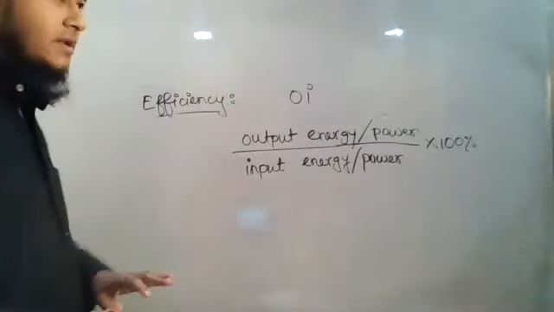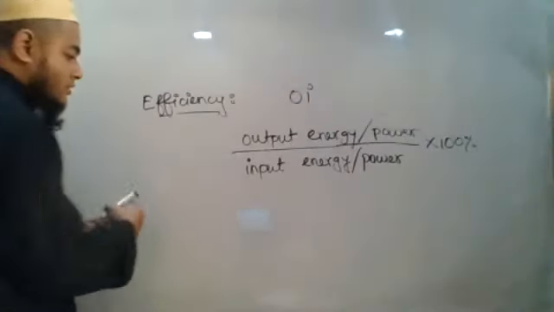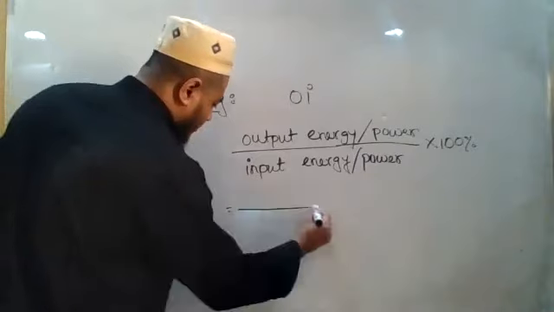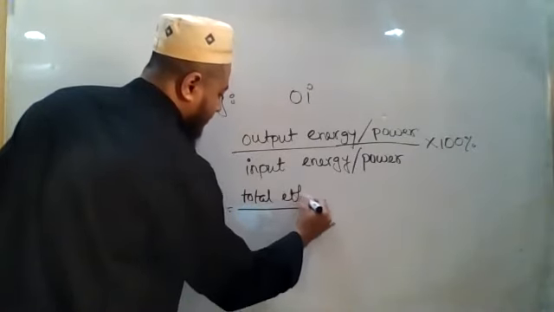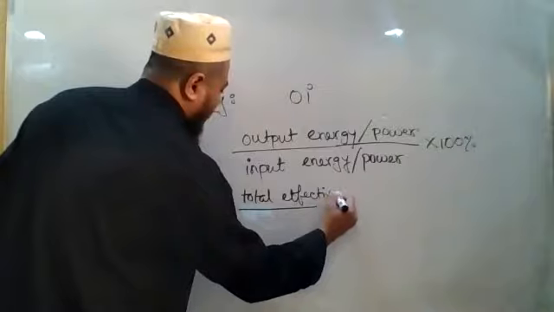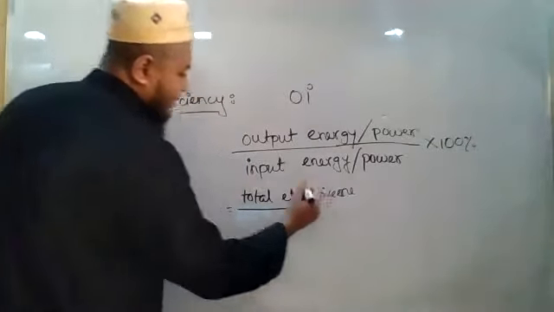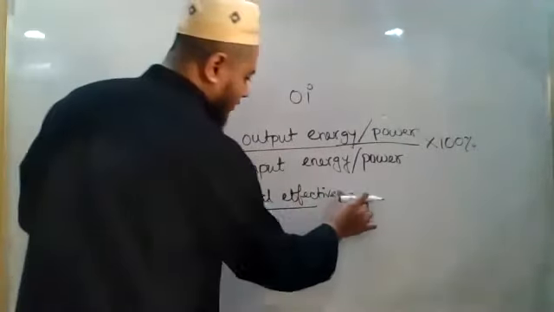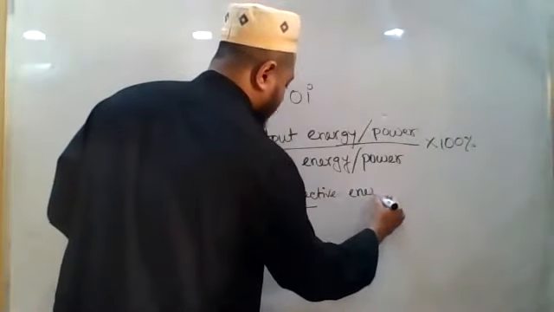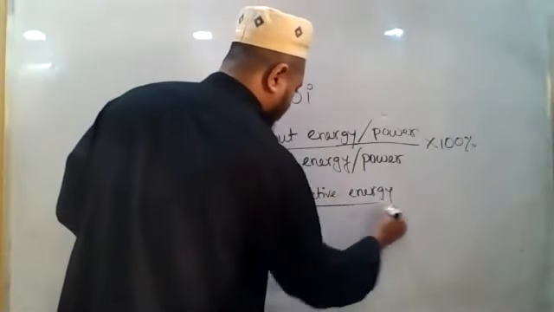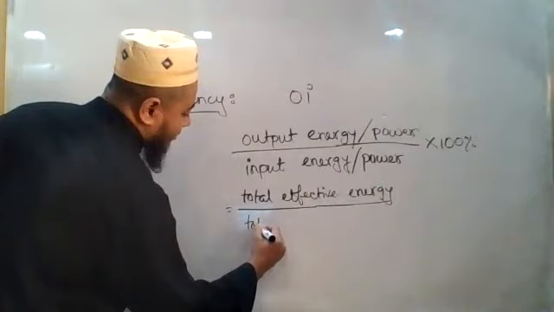Okay. So this is what we know till now, right? But we can write another expression for it in this way: total effective energy, that is actually output energy. Whatever energy you are getting as output, that is the effective energy, divided by total supplied energy.